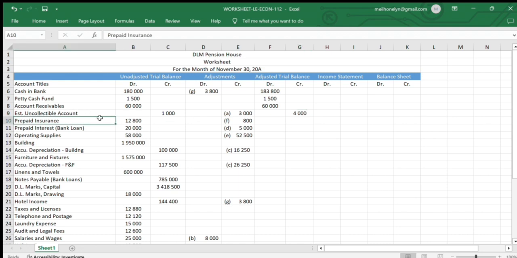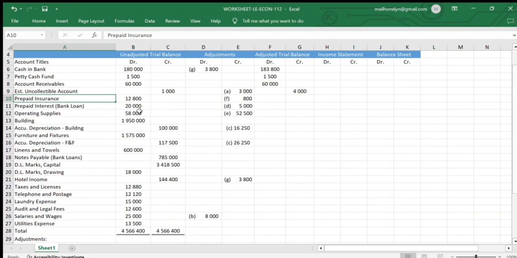Next is the prepaid insurance. In this case, given that the unadjusted trial balance is on the debit side and the adjustments are on the credit side, we will subtract the total adjustments from the unadjusted trial balance and plot the result on the debit side, considering it has the greater amount.